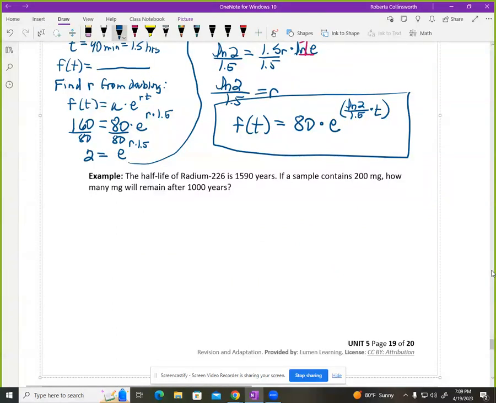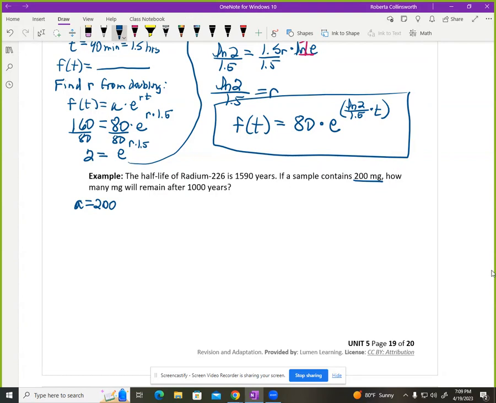The half-life of radium-226 is 1,590 years. If a sample contains 200 milligrams, how many milligrams will remain after 1,000 years? So let's look at what we have here. A equals 200 milligrams of radium.